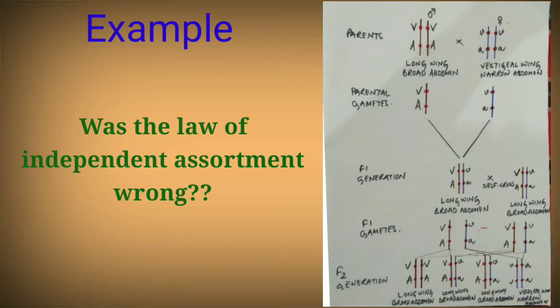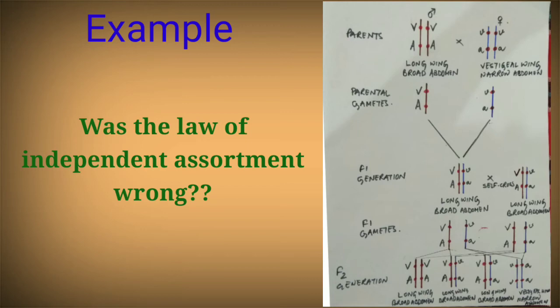In his third law, he said that these genes follow independent assortment. And because of this independent assortment, Mendel got 4 types of gametes for the sweet pea. But here in the F1 generation, in case of linkage, which was proposed by T.H. Morgan, he got only 2 types of gametes.